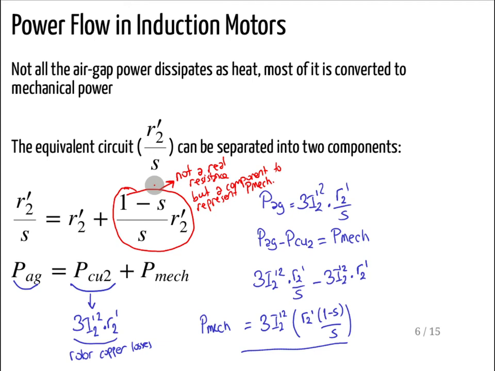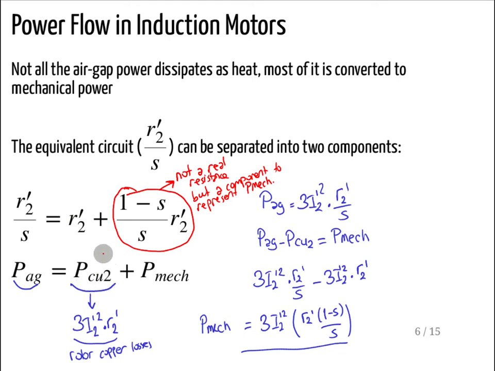And here that resistance, (1 minus S) over S times R2 prime, is not a real resistance. It's not dissipating heat in the form of electrical heat, but it is a component whose power dissipation is equal to the mechanical energy converted.